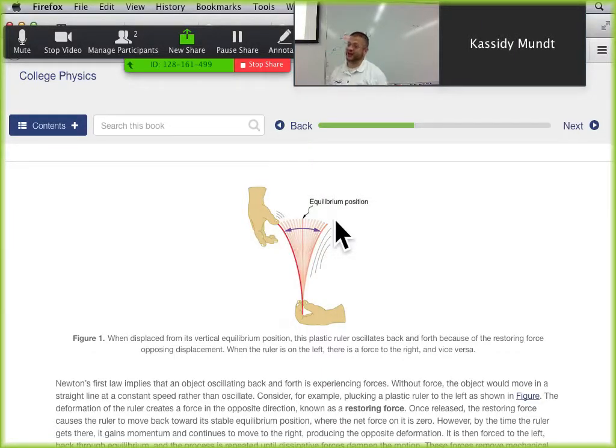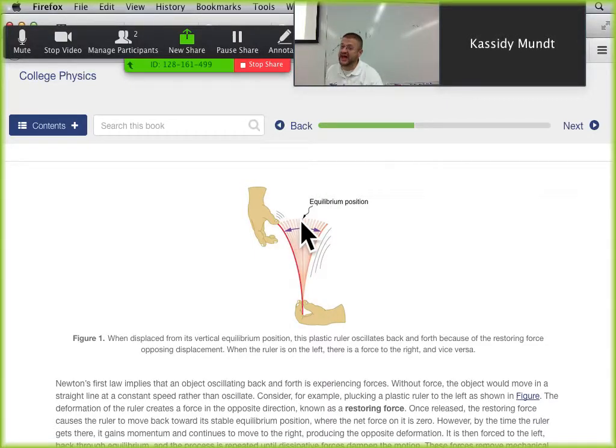Where did it accelerate? The entire motion. There's only one place in this whole motion where it's not accelerating. Where is that one place? Right in the middle, right? Right in the middle, it's at its maximum speed and it's done accelerating. But then it starts accelerating again in the opposite direction.